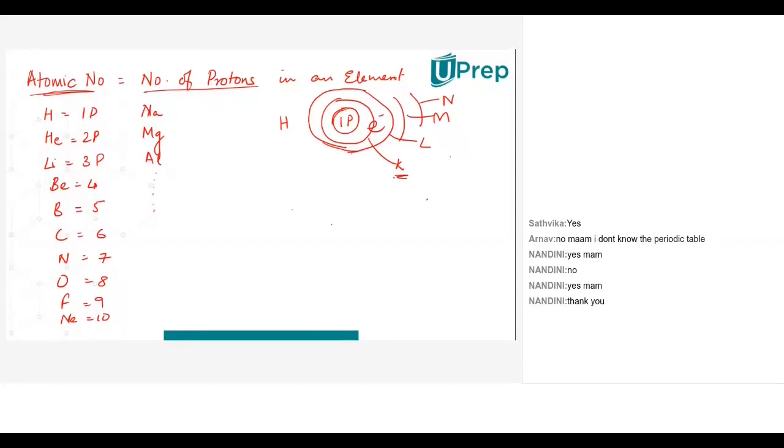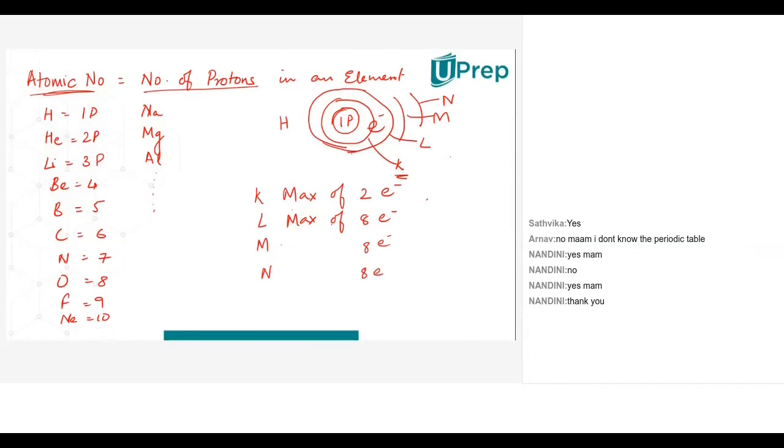K shell can have a maximum of 2 electrons. L shell can have a maximum of 8 electrons. M shell can have a maximum of 18 electrons, but the moment I fill 8 electrons inside the M shell, the N shell starts filling.